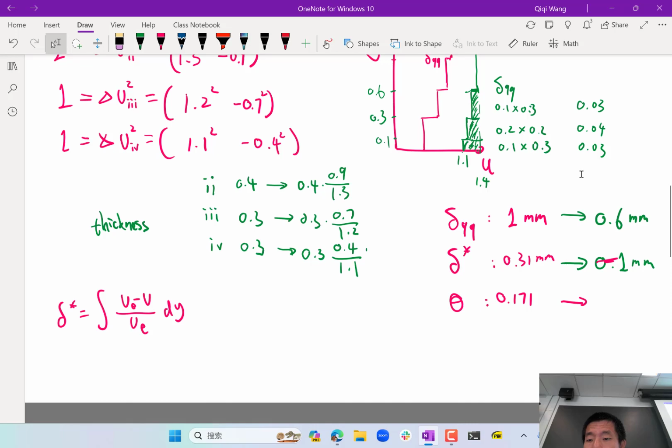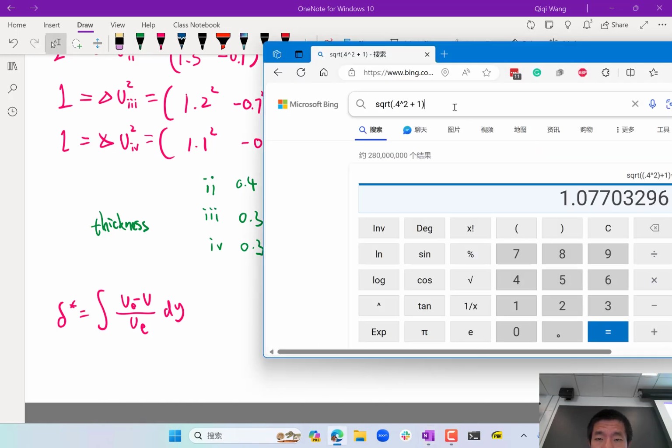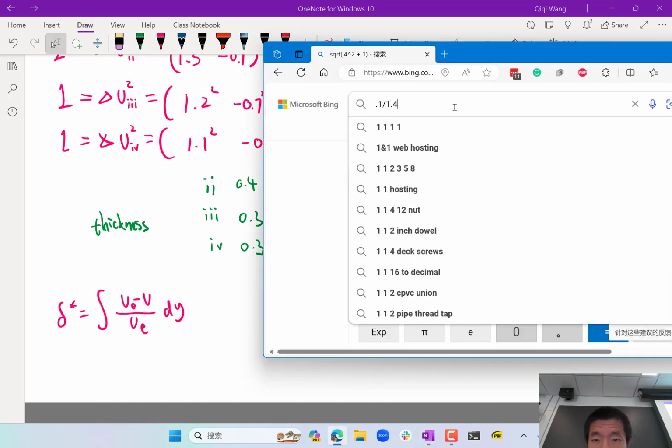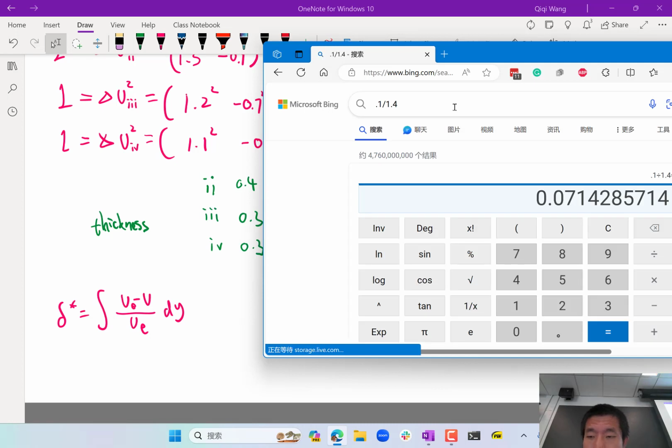So after summing them up, I should also divide the whole thing by 1.4, so that's going to be even smaller than 0.1. 0.1 divided by 1.4 is 0.07.